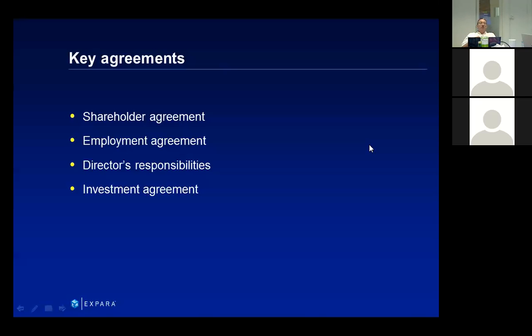Verbal agreements in most countries are also binding, but the problem with verbal agreements is the enforceability. So let's say we have a verbal agreement, and then later we disagree on what was agreed. Now when we go to court to fight about this, there are two positions. You know, he said, I remember he said that.